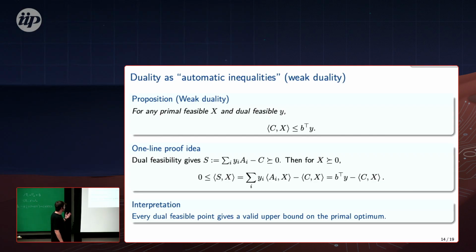So if you have, let's say, your favorite SDP, and you want to just get an upper bound, and you have a pretty good guess for the dual, then you're already done, right? I mean, maybe you're done if the bound is good enough, because at any point y will give you an upper bound.